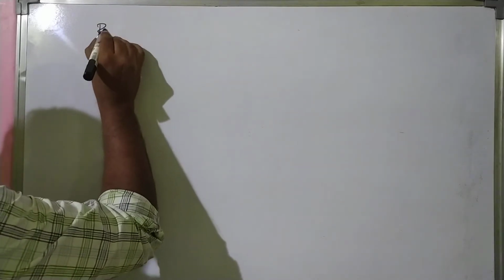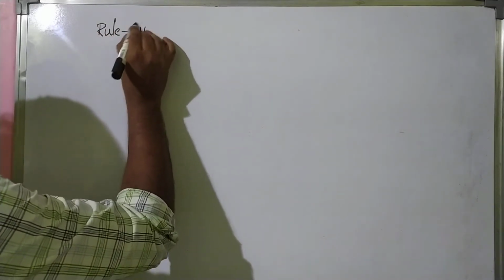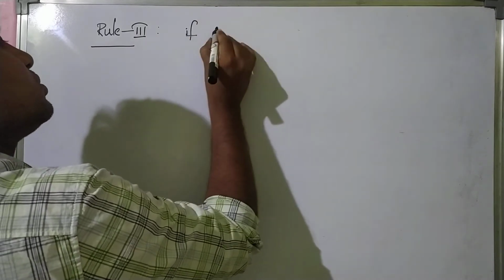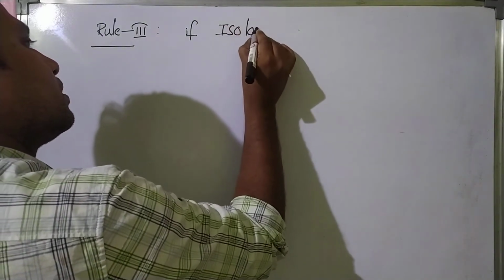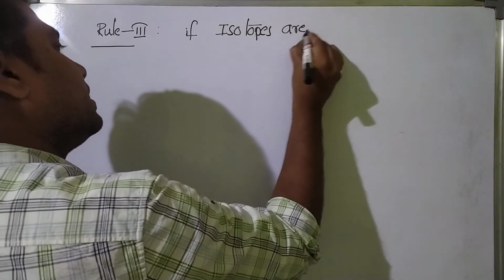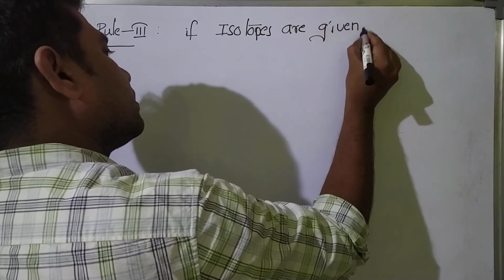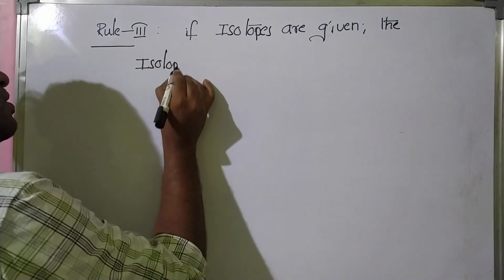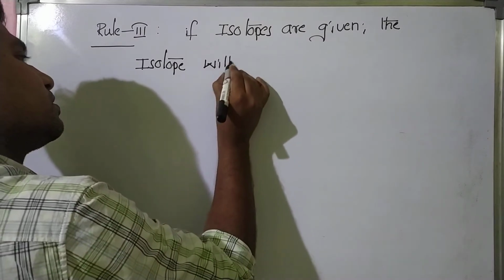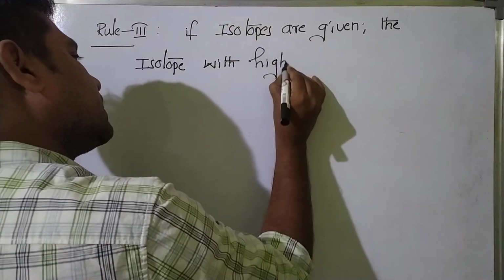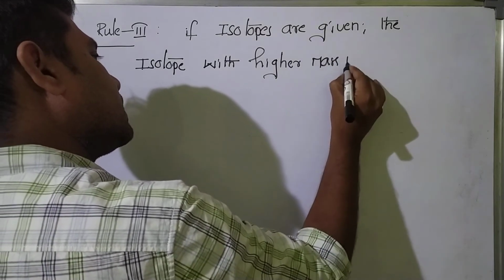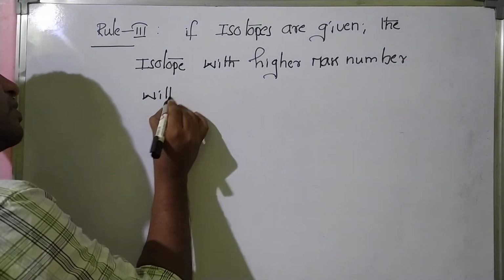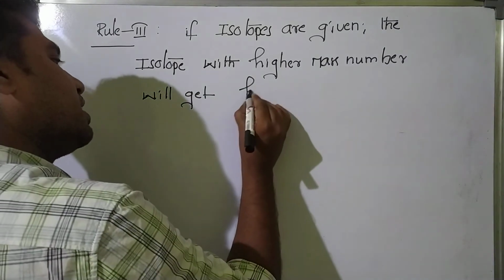Next, rule number 3. If isotopes are given, then the isotope with higher mass number will get higher priority.